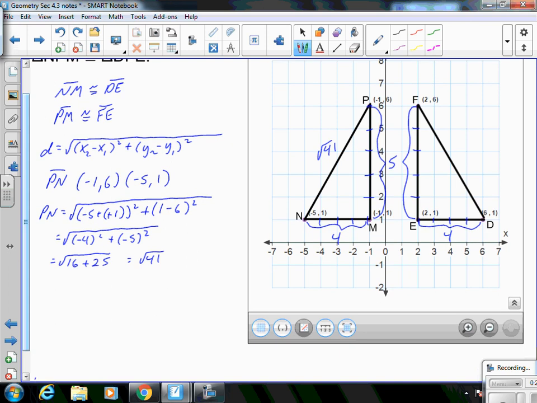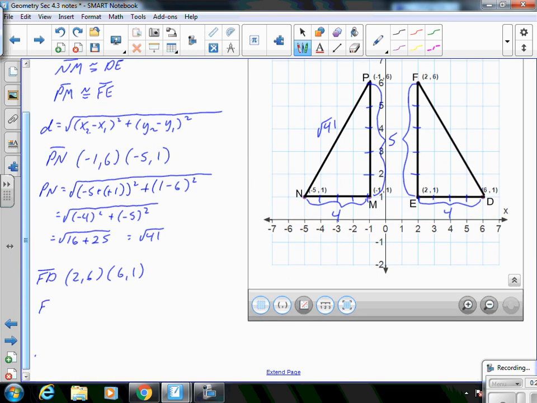And then we need to do the exact same thing for segment FD. Make sure that it's the same length. So using points 2, 6 and 6, 1. So the length of FD, or the distance between those 2 points, is going to be 6 minus 2 for the x's squared, plus y2, which is 1, minus y1, which is 6, squared.